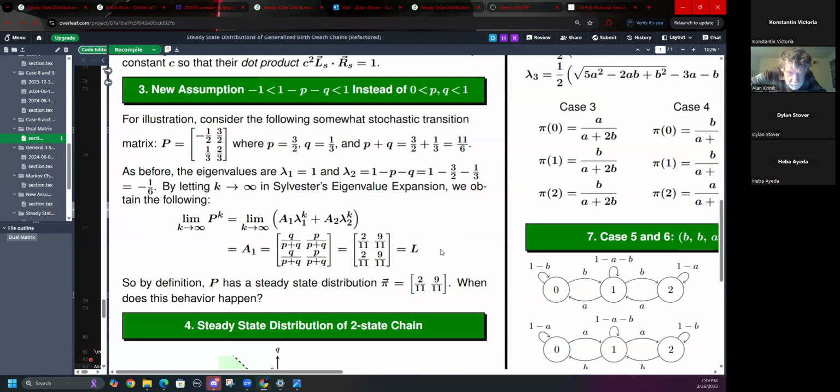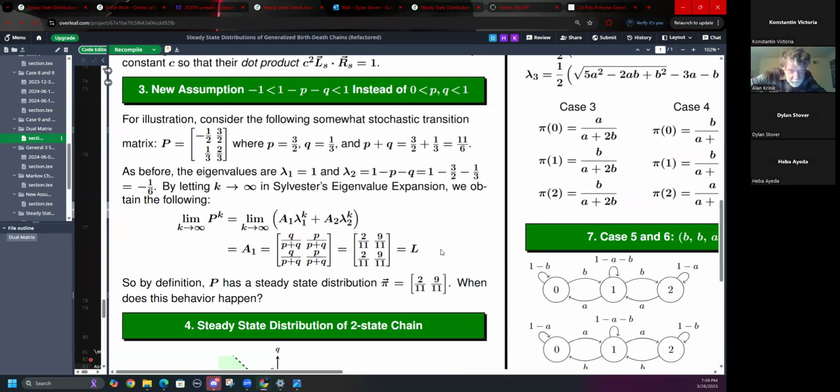oh, this is worrisome. Why is this P and Q bigger than, oh, it's okay, I guess, because we want 1 minus P minus Q. So that would be, where's the calculation done? 1 minus P minus Q is -1/6.